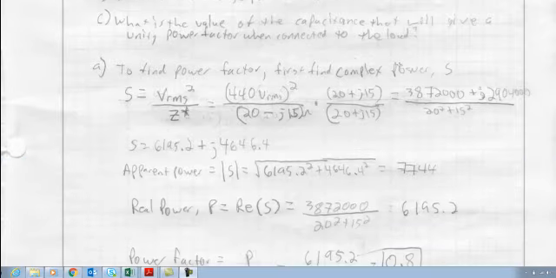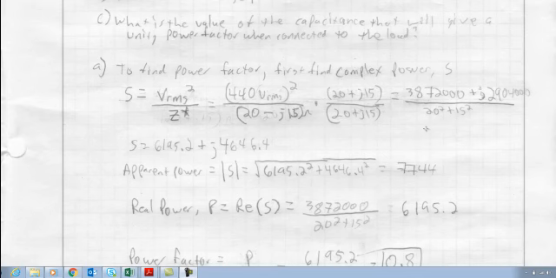And then in order to get the complex number out of the denominator, what I'm doing here is just multiplying by the complex conjugate of the 20 minus j15. So the complex conjugate is going to be 20 plus j15. We multiply that on through, and we get the quantity that you see over here, 3872000 plus j2904000 divided by 20 squared plus 15 squared.